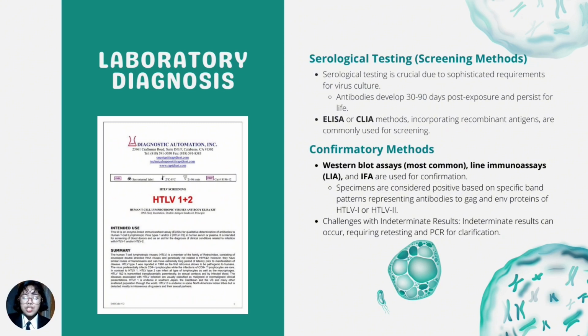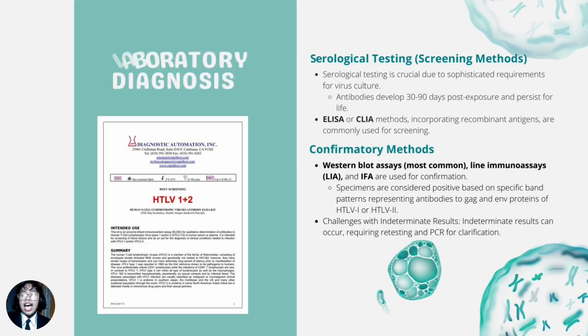Specimens are considered positive if a particular band pattern representing antibodies to the GAG and ENV proteins of HTLV1 or HTLV2 is obtained. Remember though that although these methods, specifically Western blot and LIA, are confirmatory, indeterminate results can still occur, requiring retesting and PCR for clarification.